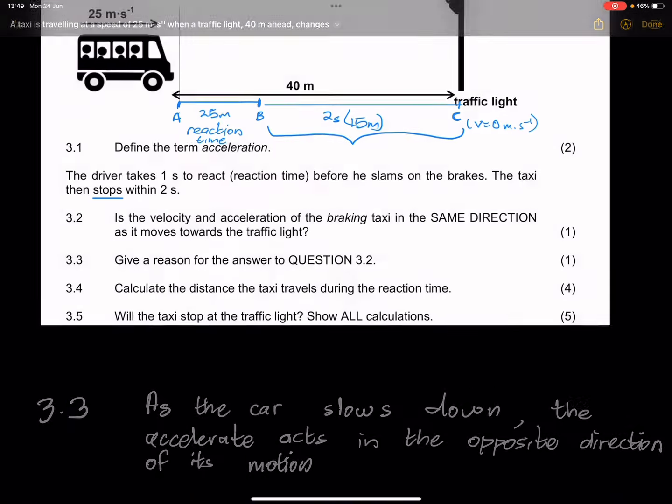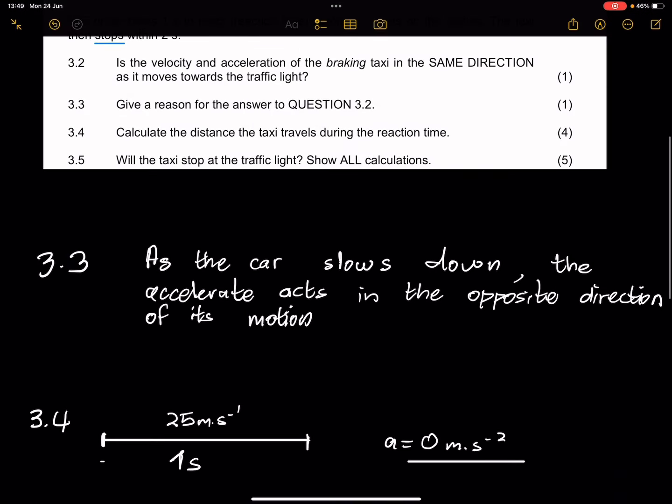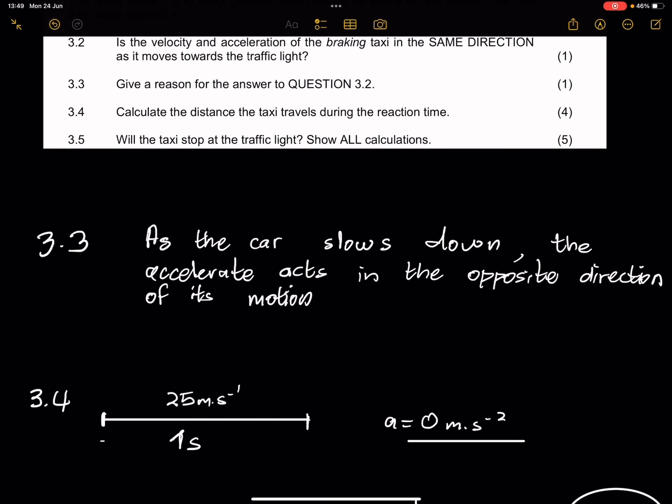Now let's calculate. They say, will the taxi stop at the traffic light? Show all calculations. So what I'm going to do, ladies and gents, is I'm going to measure the distance that the taxi will actually travel during the 2 seconds. If I find that that distance is greater than 15, it means the driver was not able to stop in time.